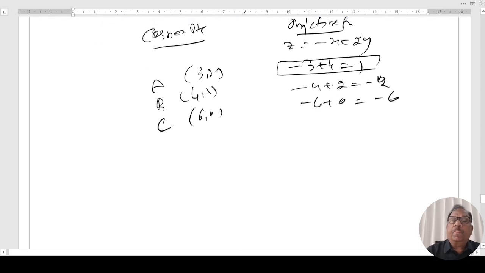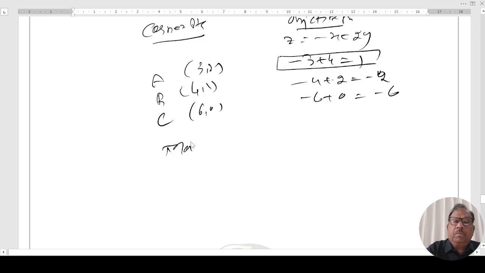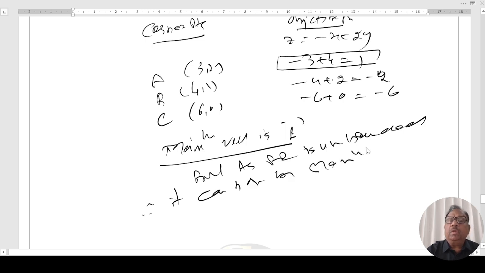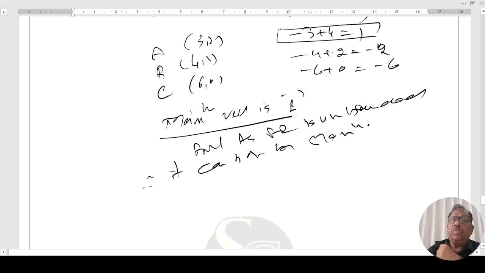So the maximum value is 1. But as the feasible region is unbounded, therefore it cannot be the maximum.